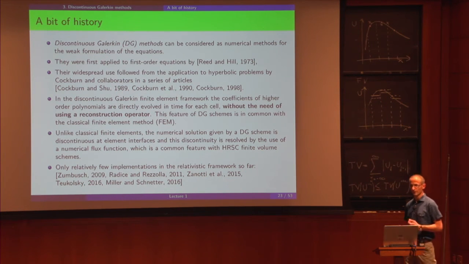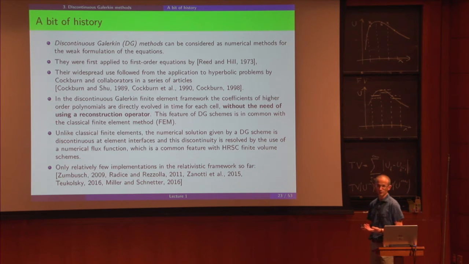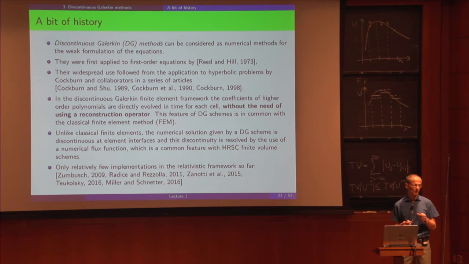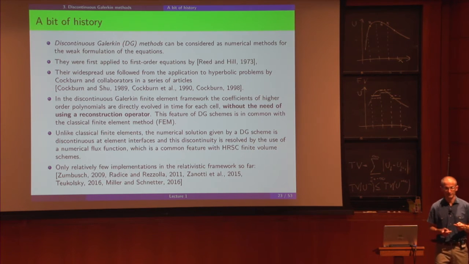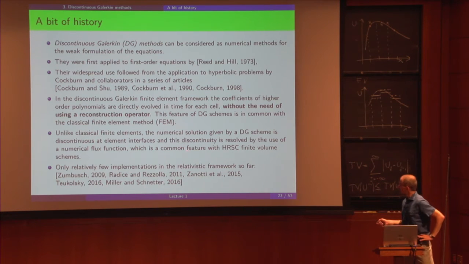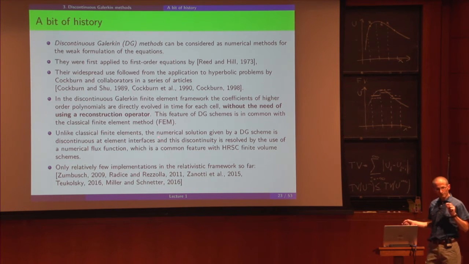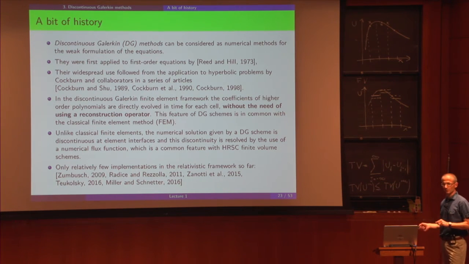This is important for us because in general we will have discontinuities, so we don't want to impose matching of polynomials at boundaries. That's why we talk about discontinuous Galerkin, right? So this is a key point, and it will be reflected in the fact that the Riemann solver will still be there. So discontinuous Galerkin schemes will include Riemann solvers, as we will see.